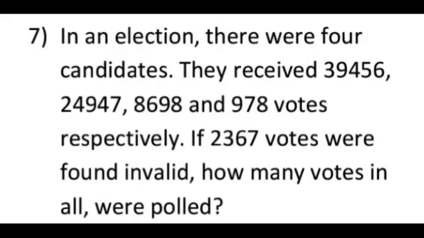In an election, there were four candidates. They received 39,456, 24,947, 8,698, and 978 votes respectively. If 2,367 votes were found invalid, how many votes in all were polled? That means how many people have given votes. So you have to add all five numbers.